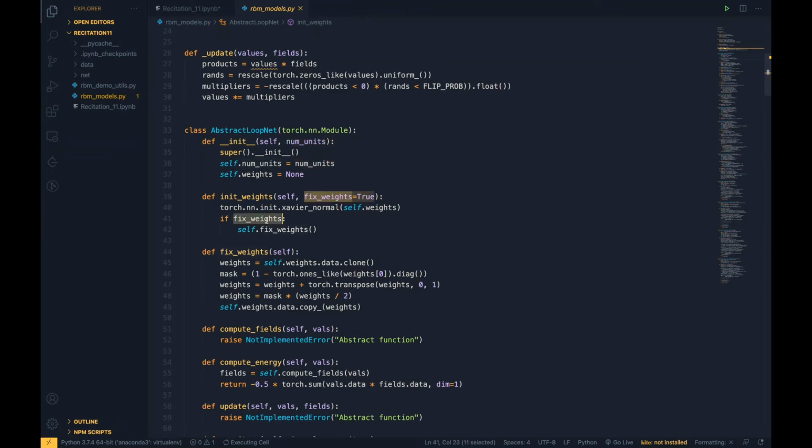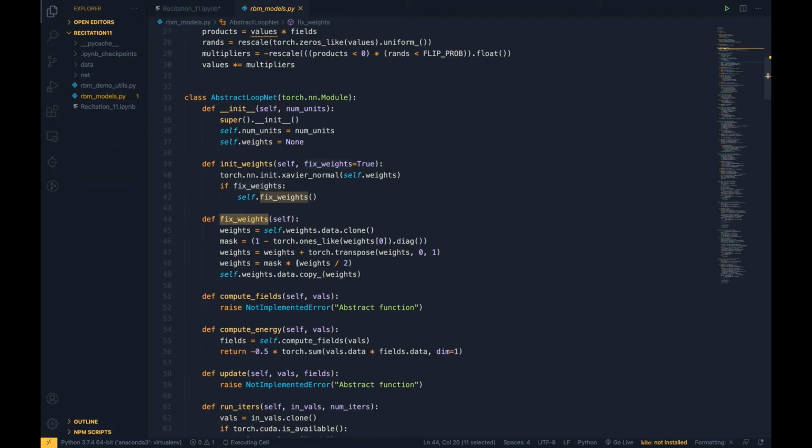In init weights, there is a parameter called fixed weights. If it's true, then it will call the fixed weights. What the fixed weights does is basically force the weights to be symmetrical, so that updating node J from node I will be the same as updating node I from node J.